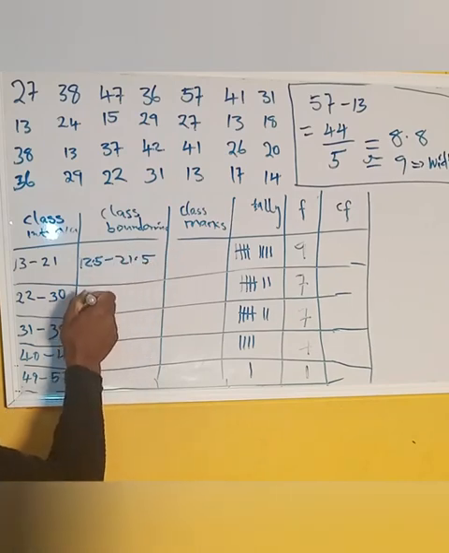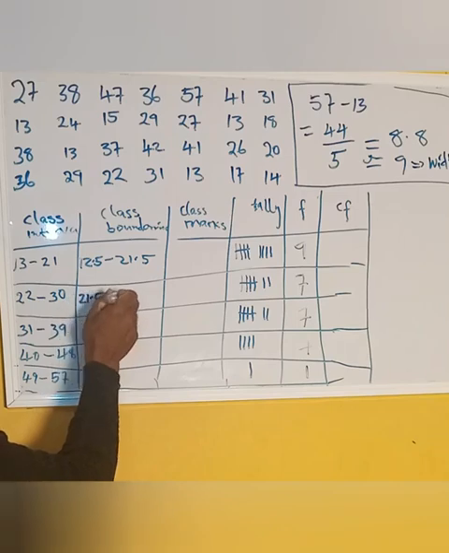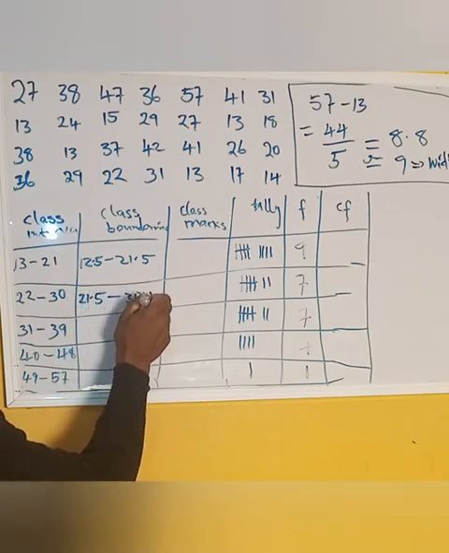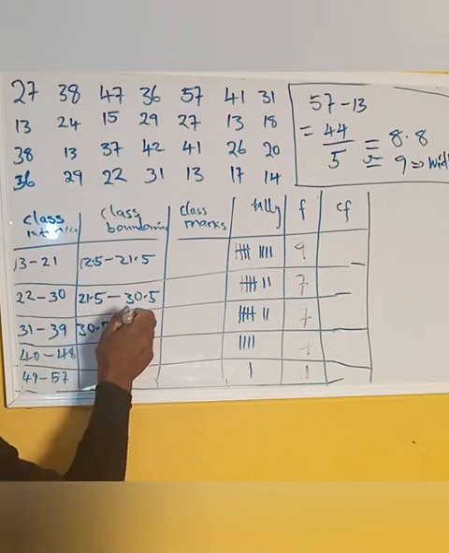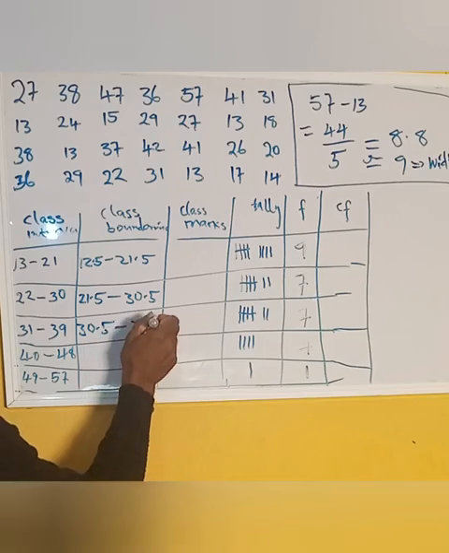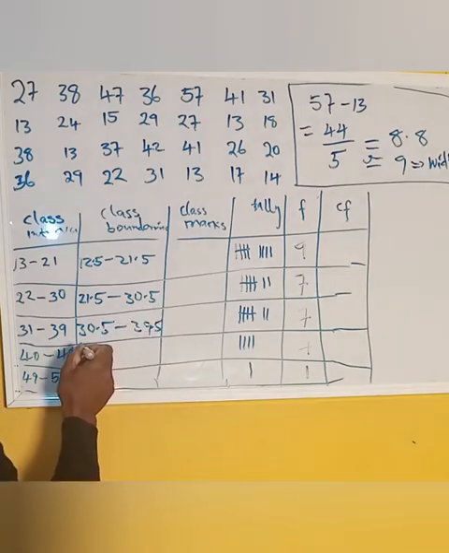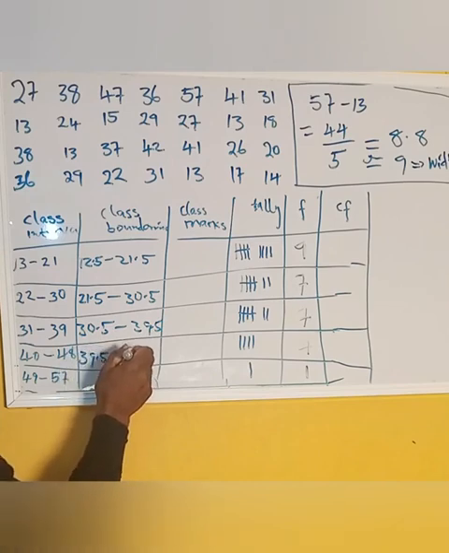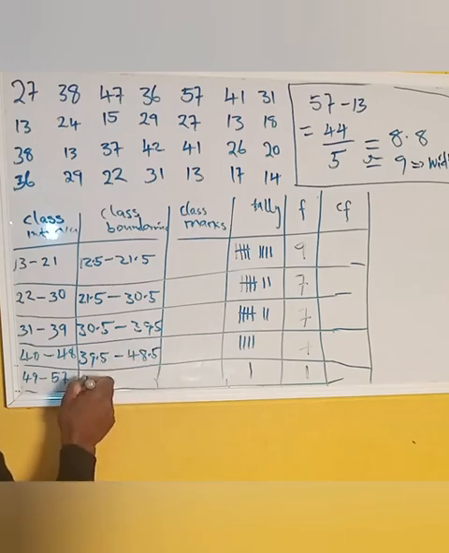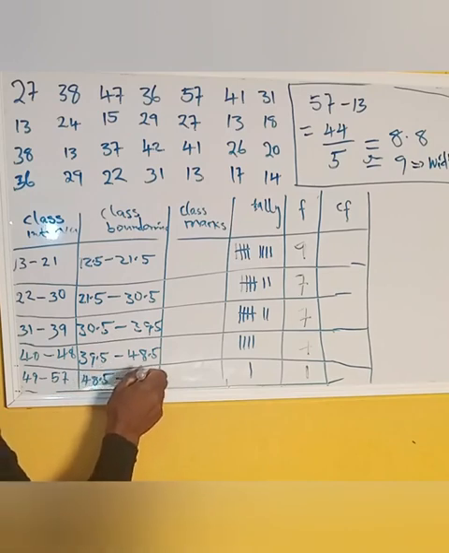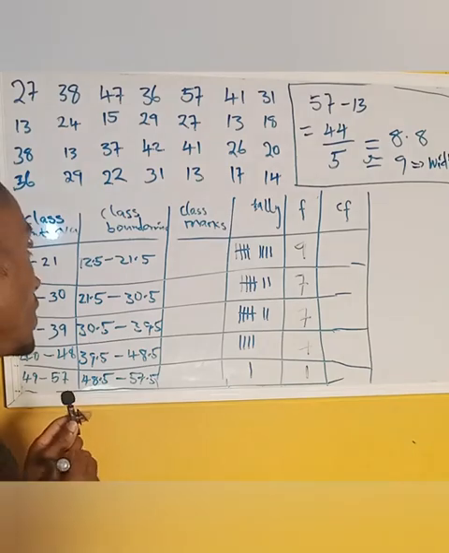Here, 21.5 to 30.5. 30.5 to 39.5. 39.5 to 48.5. 48.5 to 57.5.